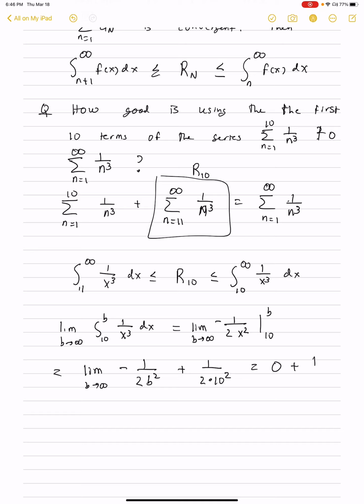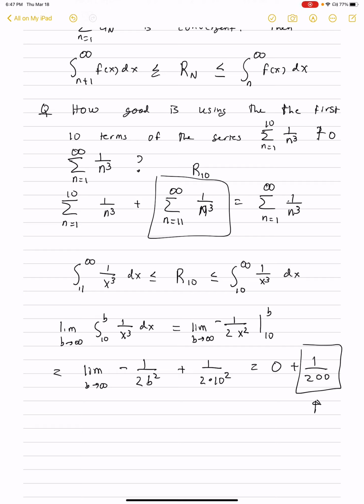The other term is 1 over 200. So if we compute the sum of the first 10 terms, we've approximated our answer to within 1 out of 200. That seems pretty good. But I could also solve for how much accuracy I needed.